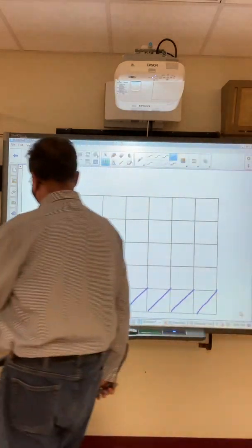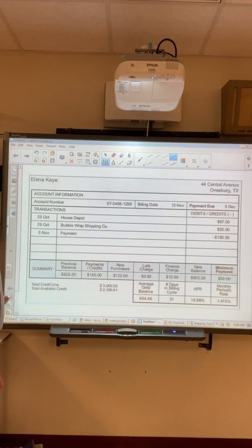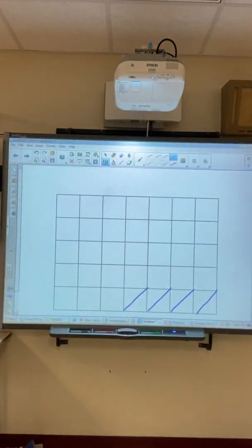Hold on, let me see. No, not that. Billing date. What is the billing date? There are no dates on here. On the top, it says billing date. 13th of November. Okay, so 13th of November.